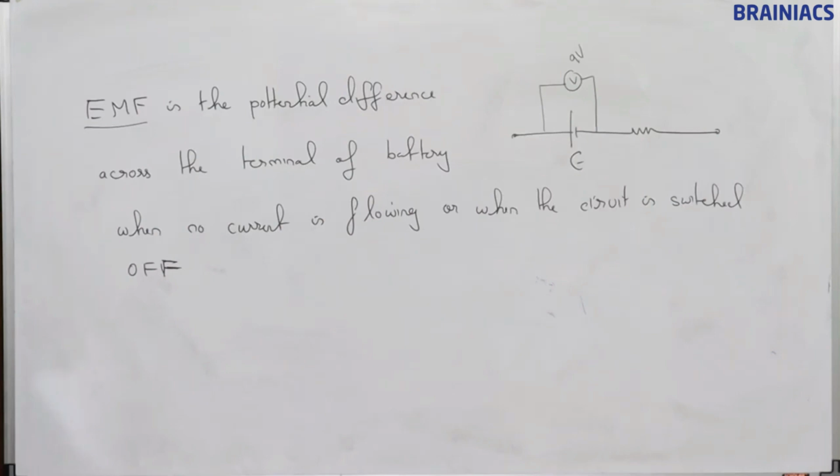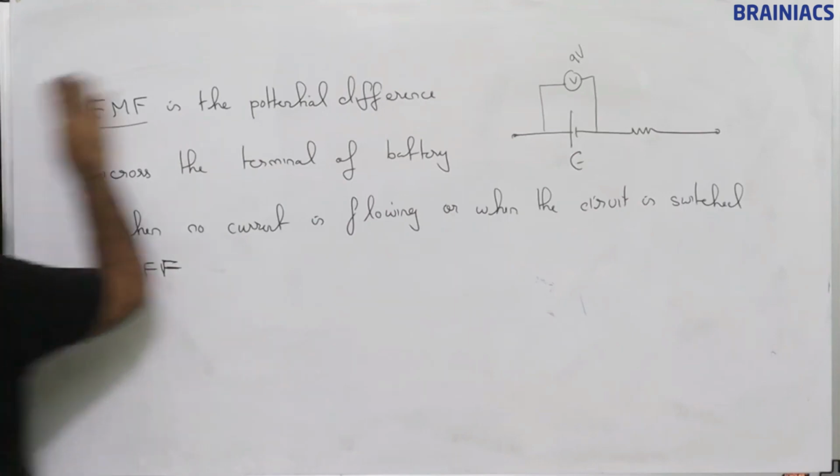EMF is the potential difference across the terminals of a battery when no current is flowing or when the circuit is switched off. Okay, clear?